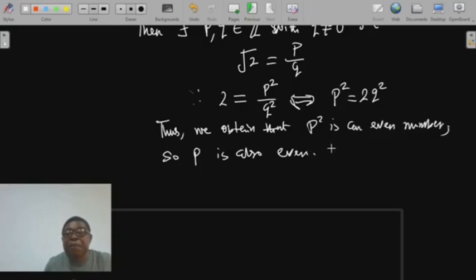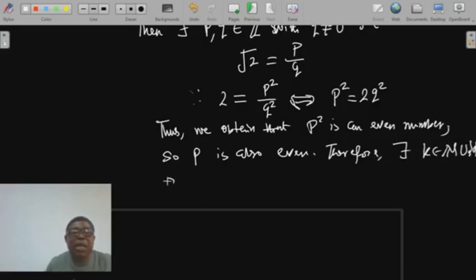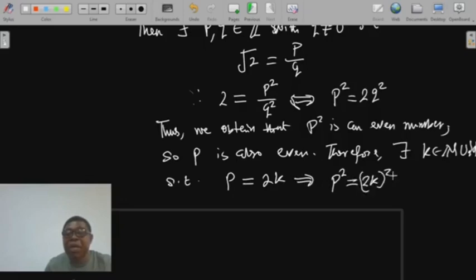Therefore, there exists k in the set of natural numbers union 0 such that p is equal to 2k, since p is an even number. This implies that p squared is equal to 2k all squared, which gives us 4k squared.